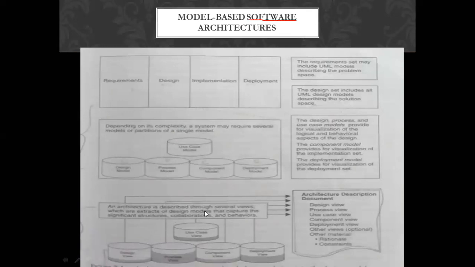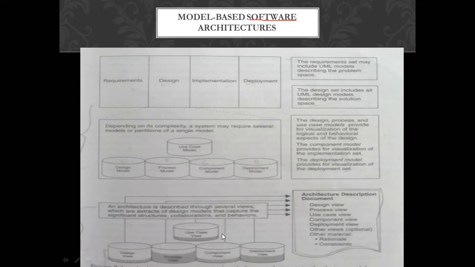Architecture is described through several views, which are extracts of design models that capture the significant structures, collaborations, and behaviors. These are the views shown here: design model, process model, component model, deployment model. For these models, different views are given: design view, process view, component view, deployment view.